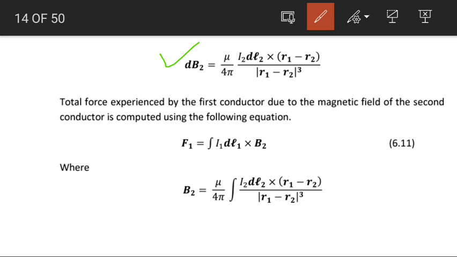The total force which is experienced by the first conductor due to the magnetic field of the second conductor is calculated with the help of equation number 6.11.